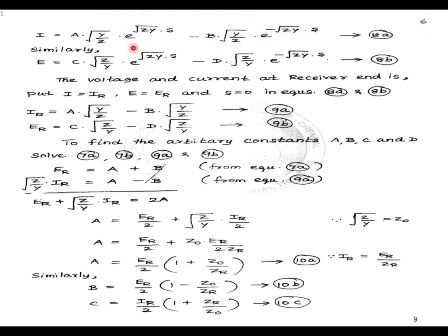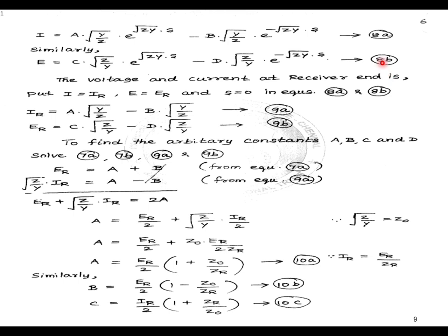Similarly, we can write for the voltage E equal to C into root of ZY into e power root of ZY S minus D into root of ZY into e power minus root of ZY S. This is equations 8a and 8b. Now, for the voltage and current at the receiving end, you put I equal to IR, E equal to ER and S equal to 0 in equations 8a and 8b.